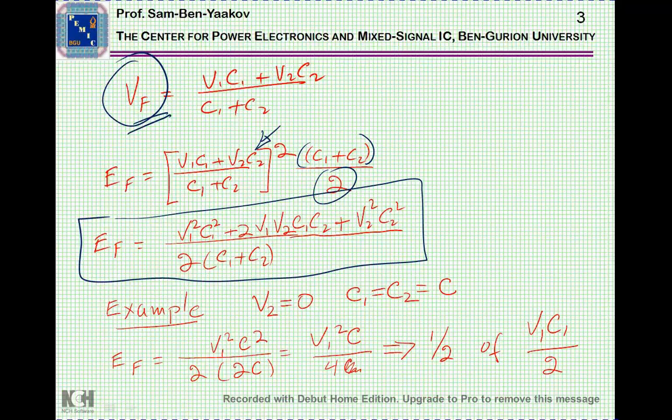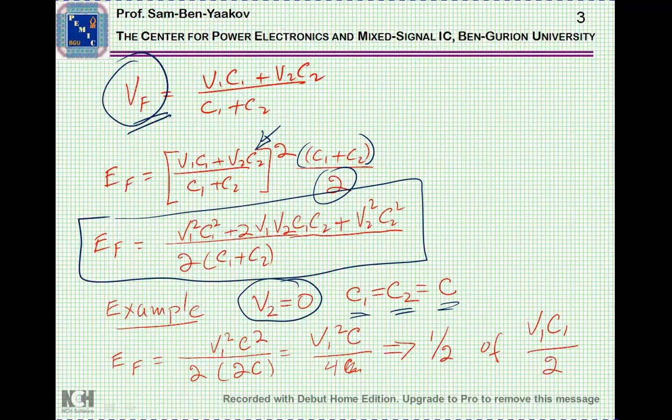And let's have a look at a very popular case that many textbooks are showing, in which the second capacitor, C2, has zero voltage across it, that is, it is not charged. The values of the capacitances are the same, so they are equal capacitors.